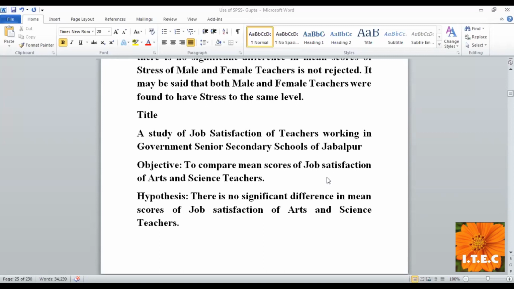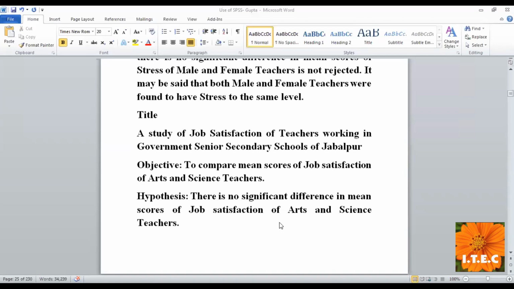No, Jyoti, that's not correct. No, Bahadur, your answer is not correct because I do not have a gender. From where the gender has come? Read the objective, Bahadur. I have not written gender. And Mamta, you have written arts and science. These are two different things.